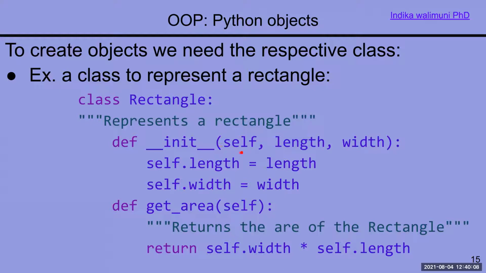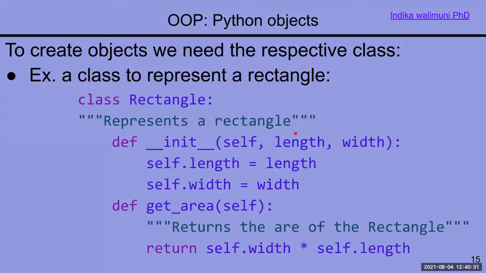This is the standard way of writing it. So self basically represents the object in context, the current object that we are taking into account. Self is not a keyword, it can be any name, but usually everyone writes self over here.